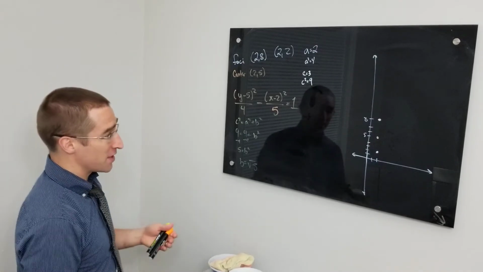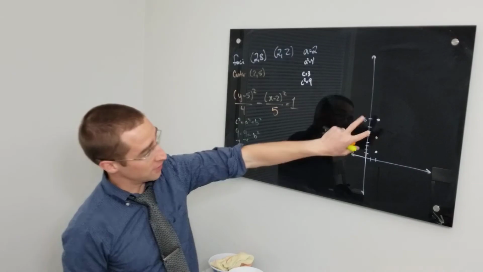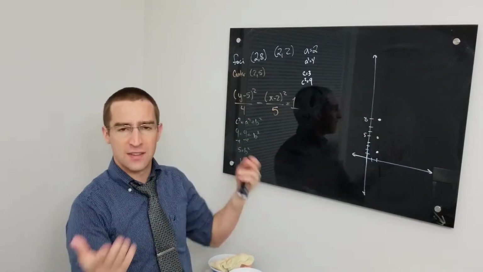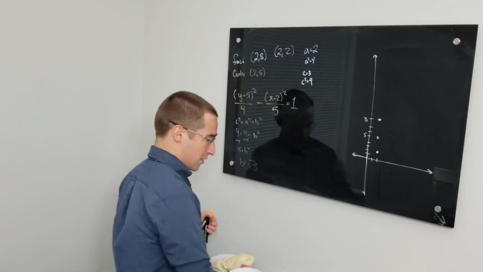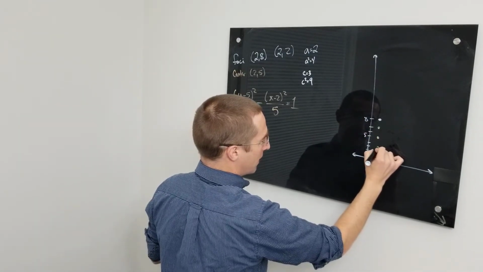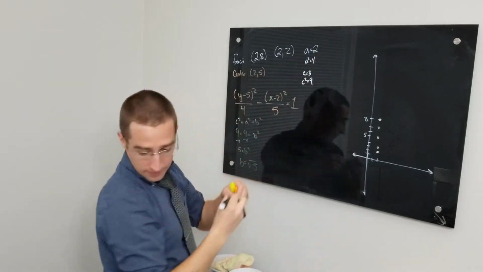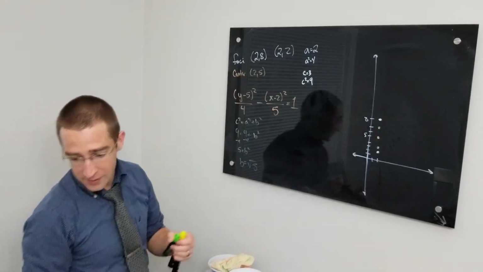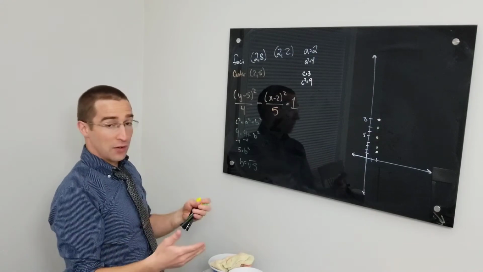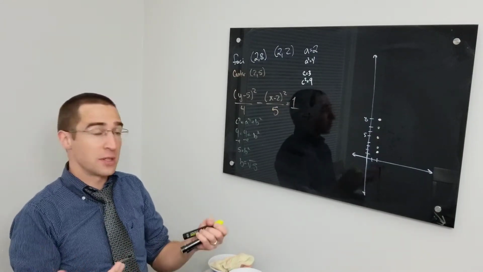Now, if I'm going to sketch this out, what I'm going to do is, well, I've got my center, my foci, I need my vertices, and I need my asymptotes. So, to find my vertices, I'm going to go plus or minus 2, up or down 2, because a value is 2. Now, I'm going to go right or left the square root of 5. The square root of 5 is just a little bit bigger than 2. Square root of 4 is 2, square root of 5 is going to be a little bit bigger.